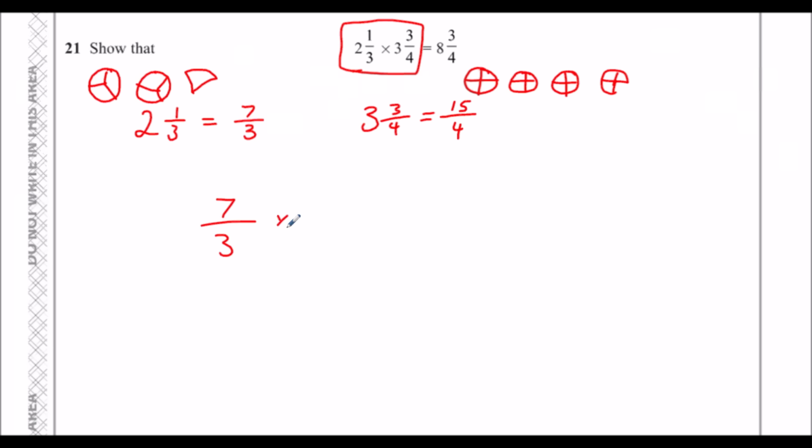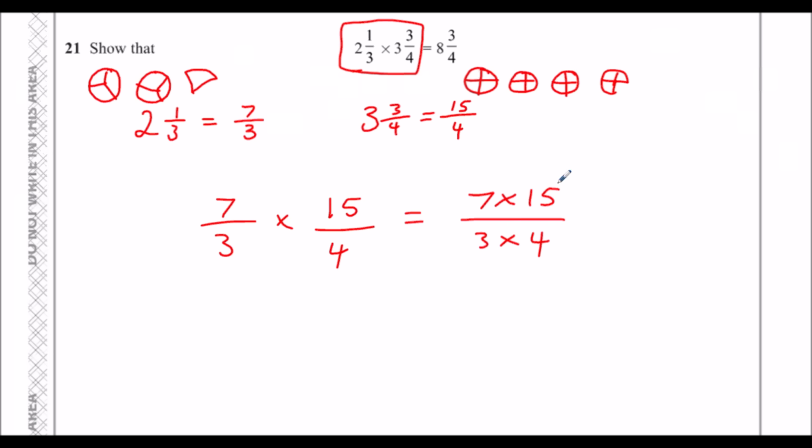7/3 times 15 quarters. So we can just times the top and times the bottom, and then worry about simplifying after. But it's easier to simplify now. So on top we've got 7 times 15. On the bottom we've got 3 times 4.